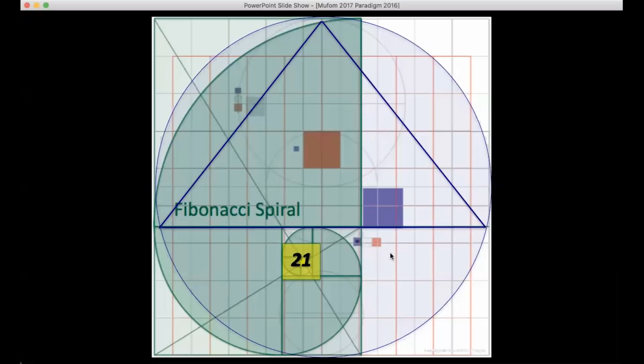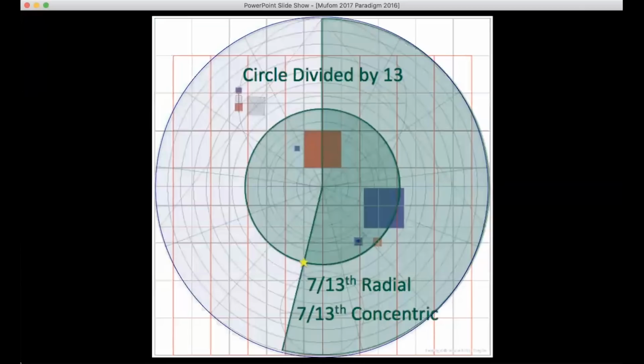The 21st block. Now we're going to divide our circle by 13, radially, starting at the top and going clockwise.